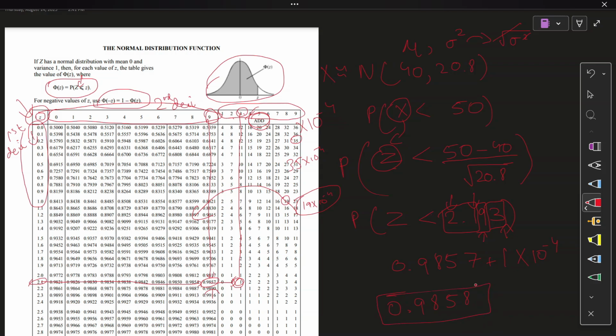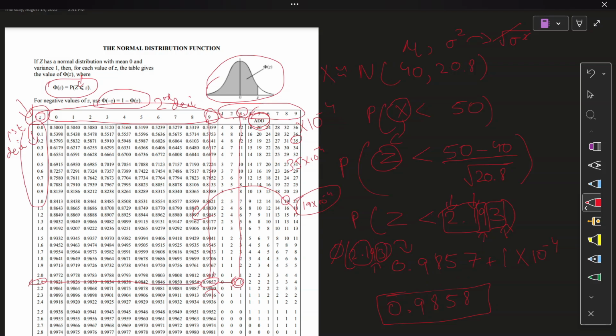Area equals probability. By the way, the notation would have been phi of 2.193, and then you would have read it: first decimal place read from this Z column, that gives you 2.1 here. The second decimal place read from this big column, you match the values where they both coincide, you got this reading 0.9857. Then the last decimal place is an add value.